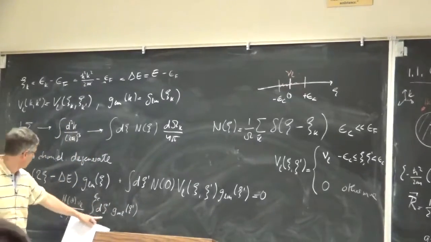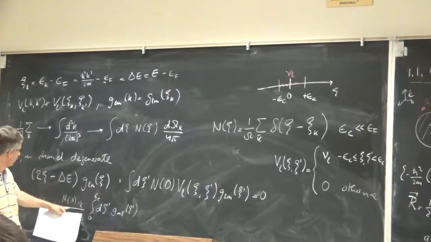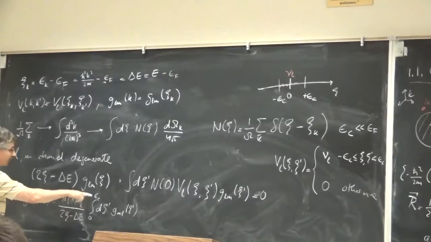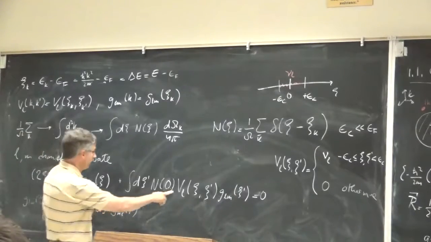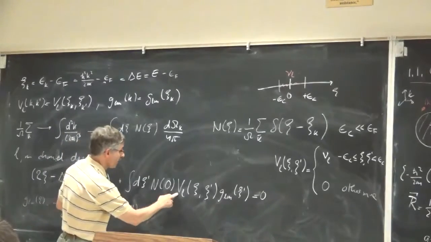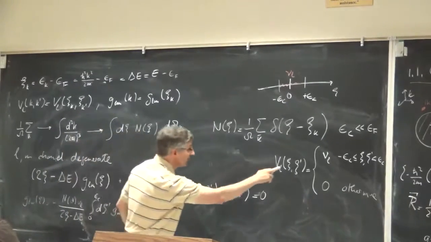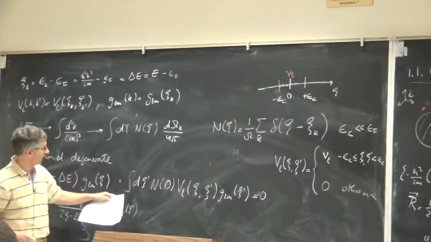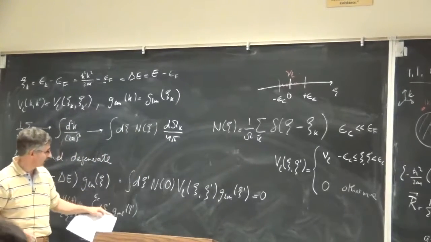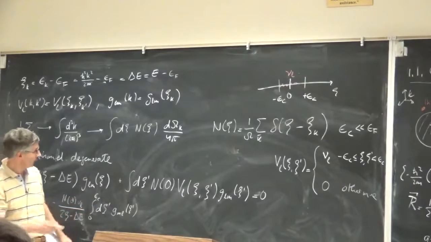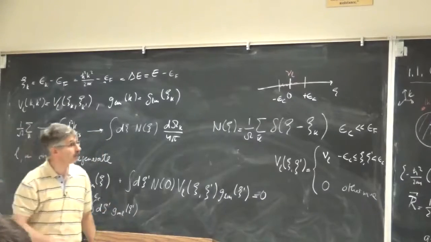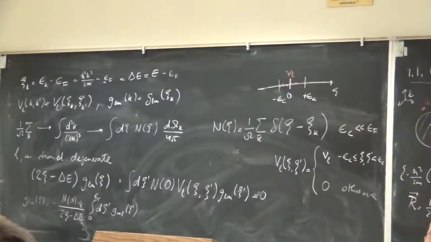On the other side, I do this integral here. Then I can, in principle, solve this equation for G_LM of xi. Now here, basically, I have just replaced this by a constant in the range where I'm allowed, where this is finite. This is finite below epsilon cutoff. And 0, the particles which we have looked at, we have said they should lie above the Fermi energy, so xi should always be larger than 0.